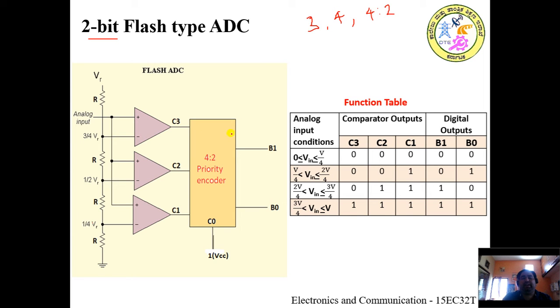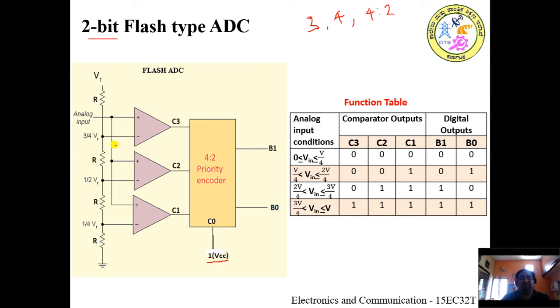So here it is a 4:2 priority encoder, as we can expect 4 inputs here, but since only 3 outputs of the comparators are fed as input here, the fourth input for this priority encoder is assumed to be C0, which is always connected to VCC.